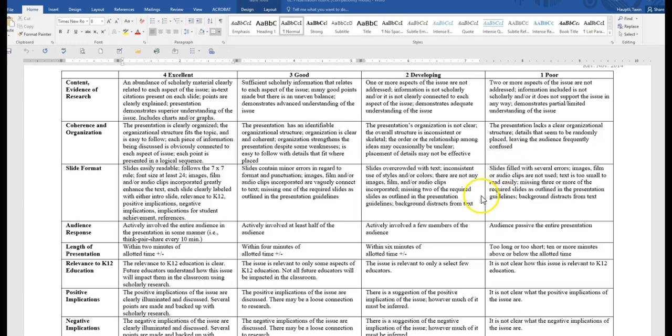Now, all of these criteria are matched to much of what I've taught you throughout the semester. So content, evidence of research. This aligns to the criteria that you saw in your guidelines, as well as the library orientations.